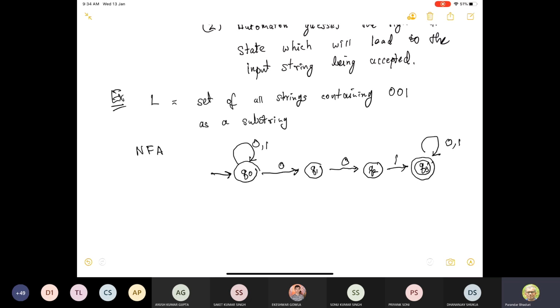For example, let's take a string such as 0, 0, 1, 0, 0, 1.